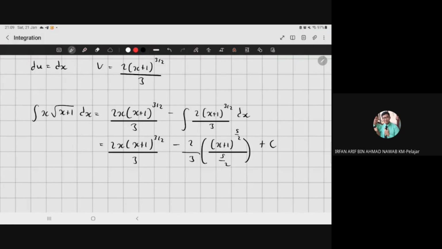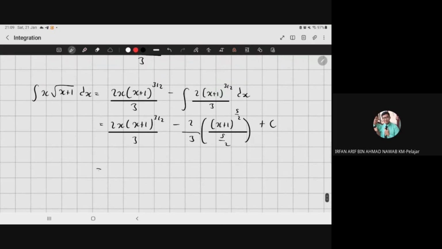Okay, remember for the indefinite integral, you have to add the constant. Okay, we already discussed this before. So now all you have to do is just simplify all of the terms. First, let me simplify the second term here. It will get 4 x plus 1 to the power of 5 over 2 over 15 plus c.